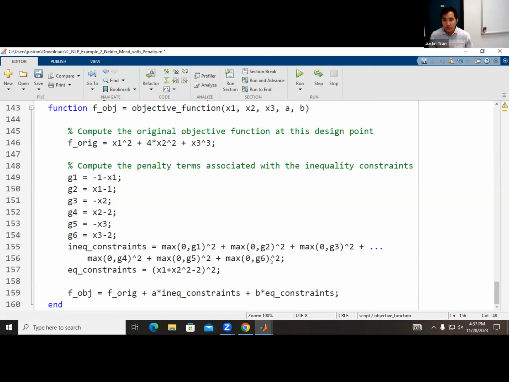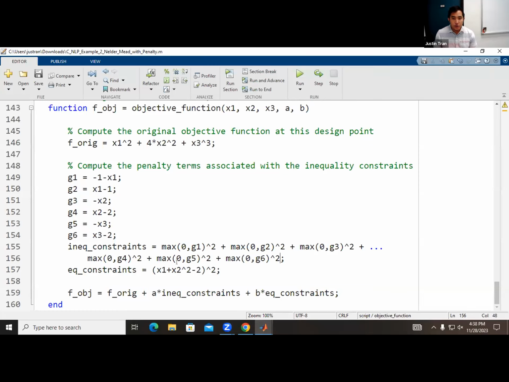Okay, but you can see here that I've created these 6 G variables: G1, G2, G3, G4, G5, G6. Each of these G variables represents one of the inequality constraints. Remember, we have 2 inequality constraints per variable because we have both an upper bound and a lower bound. So G1 is -1 minus x1, G2 is x1 minus 1, G3 is minus x2, G4 is x2 minus 2, G5 is minus x3, and G6 is x3 minus 2.